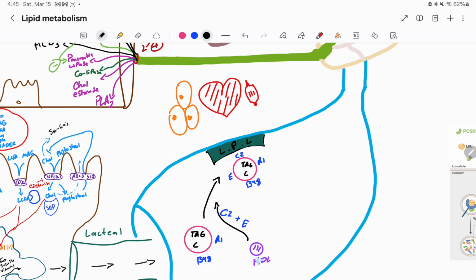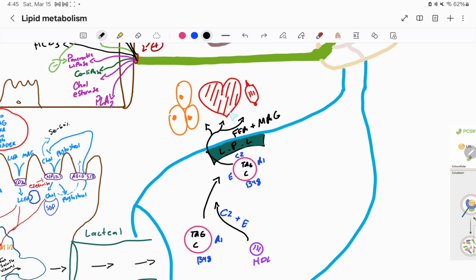So this friendly guy HDL gave us this ApoC2 that we were lacking, and now that we have it, we can use it to activate the lipoprotein lipase, which then cleaves the triacylglycerols inside this guy and releases free fatty acids and some monoacylglycerols. These can be used by these tissues for energy production and storage.